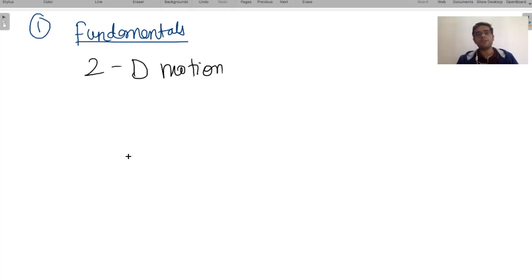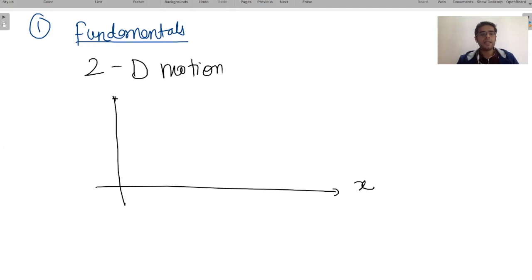What is the meaning of two-dimension motion? That means there is one x-axis and one y-axis. So when I'm throwing the ball at point A and it is landing on point B, the motion is happening in two dimensions, one along the x and one along the y, and the initial speed with which I am throwing is u, and it is making an angle theta with the horizontal.